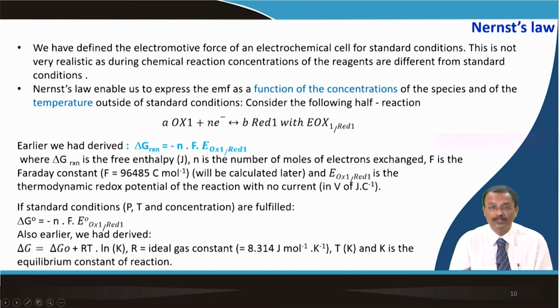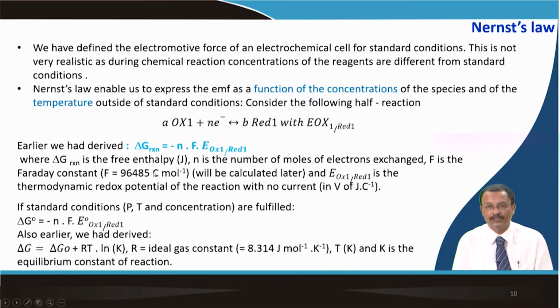We have already derived that del G Rxn is minus n, Faraday constant, and this potential value. This is the standard free enthalpy, usually measured in joule. n is the number of moles of electrons exchanged during this reaction, and F is the Faraday constant.